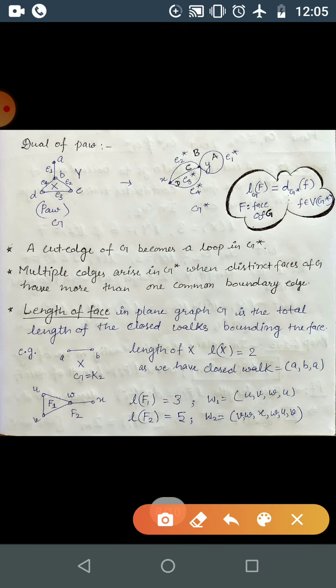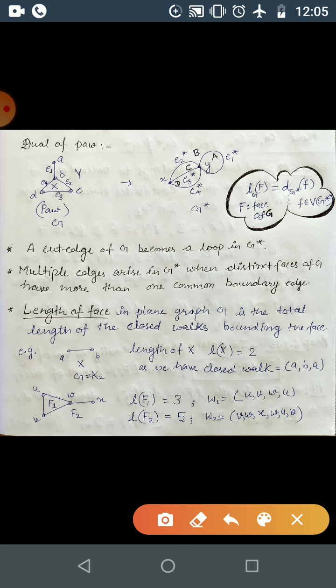So first let's come to some definitions. Here we can define the length of a face. Obviously regions are considered to be territories or faces, so we can talk about the length of a face. When a plane graph is connected, the boundary of each face is a closed walk.